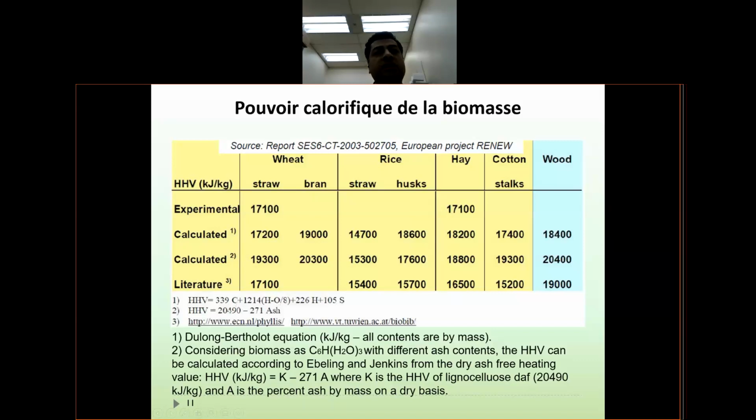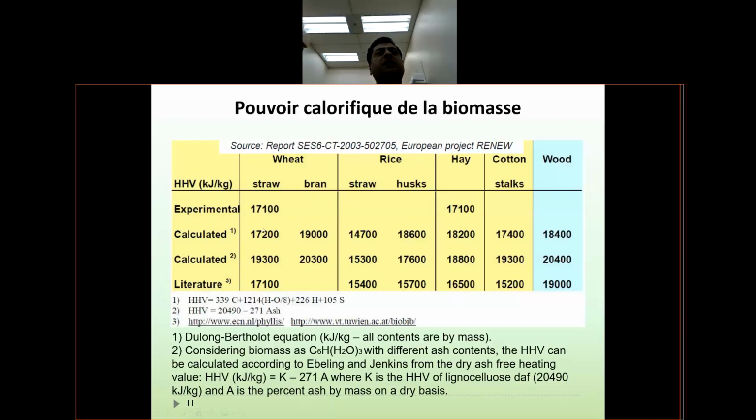I want you to really take this formula into your notes because you might use it in your exam and in your homeworks. There is another method also, by this simple equation. You can follow the notes here to understand how they work, and you can also use these websites to better understand how we can calculate the heating value of biomass and any other sort of fuel.